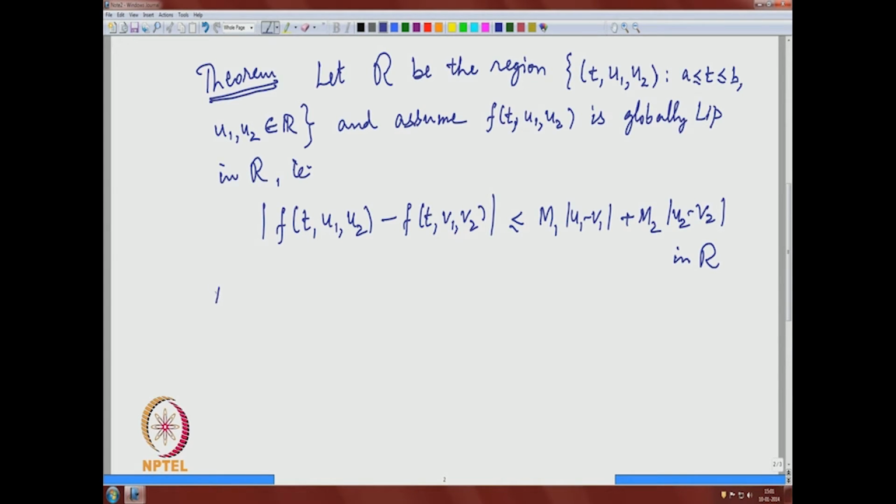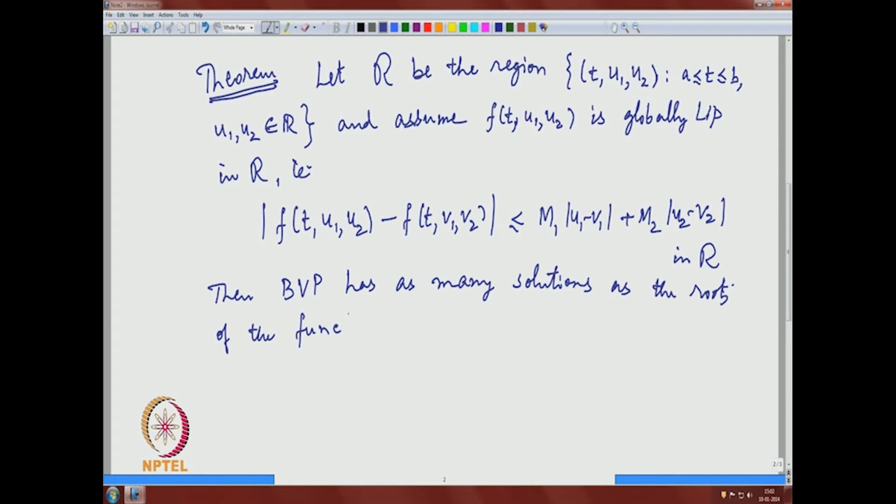So then, the BVP has as many solutions as the roots of the function phi.